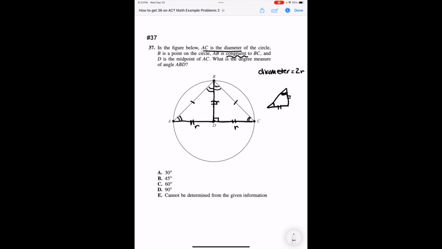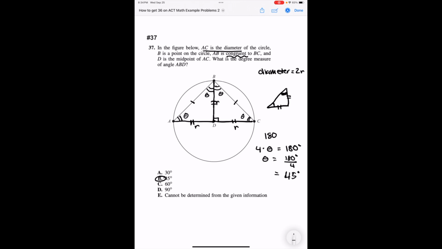So looking at the big triangle ABC, all of the angle measures within it total 180 degrees. Let's say this angle is theta. Then this angle is also theta, and so is this one, and so is this one. So 4 thetas equals 180 degrees. What is the degree of one angle? Well, that is 180 degrees divided by 4, which is 45 degrees.